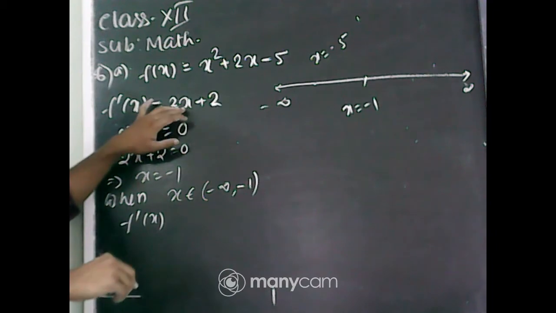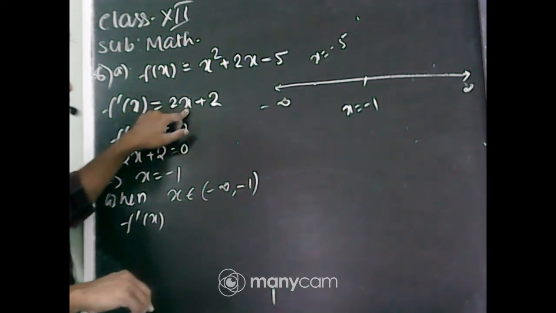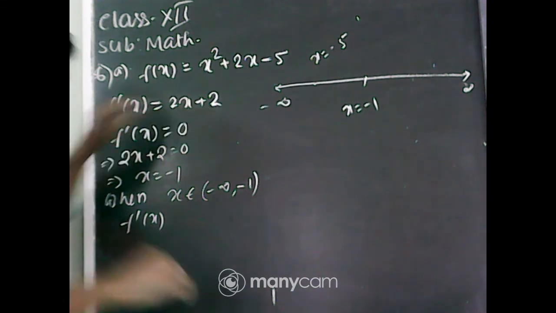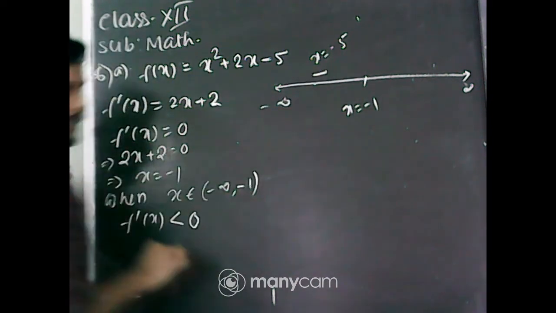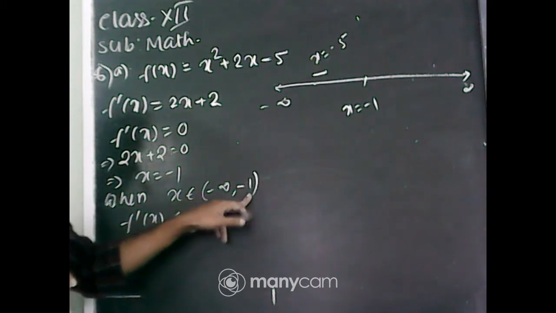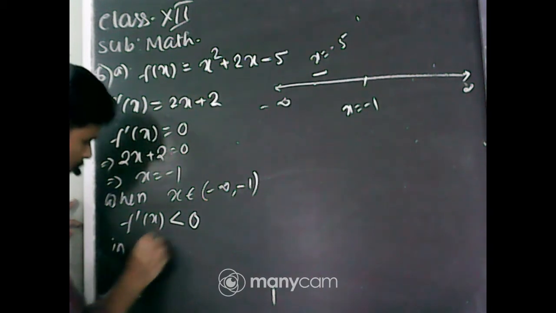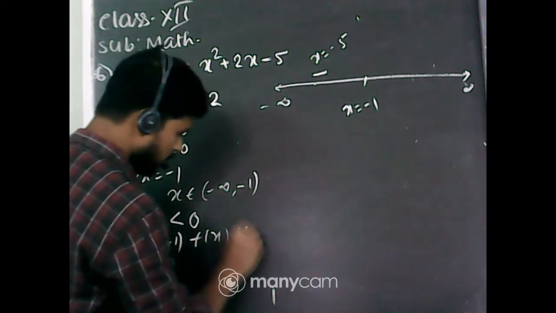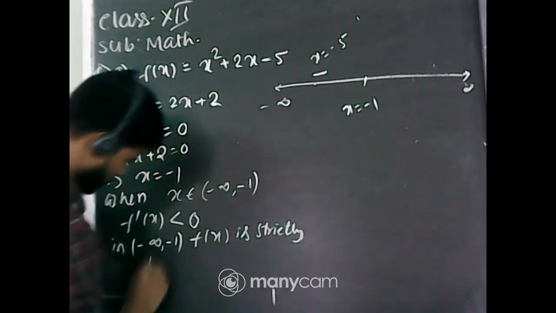So put x equal to minus 5 in f dot x. So 2 into minus 5, that is minus 10, plus 2, that is minus 8. So the sign is negative, so it is less than 0. So in the interval minus infinity to minus 1, fx is strictly decreasing.